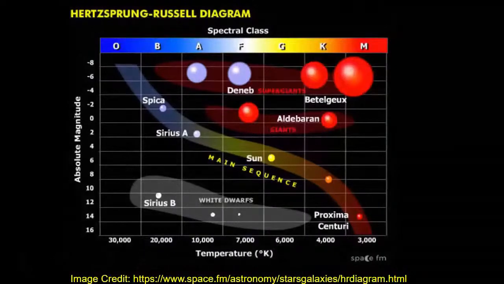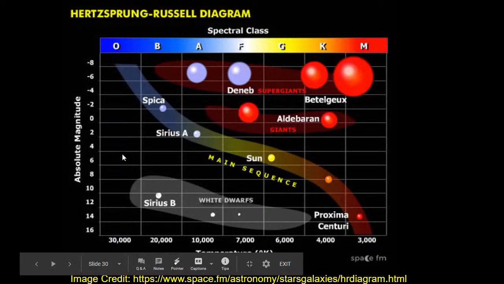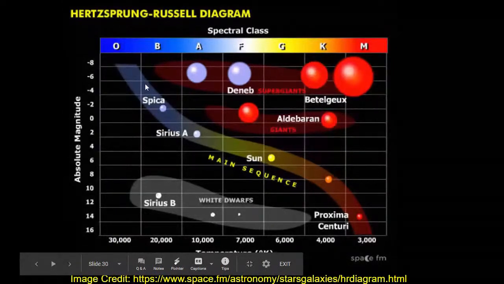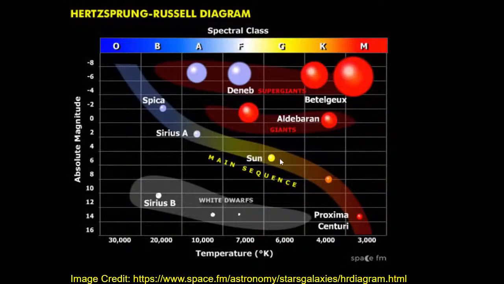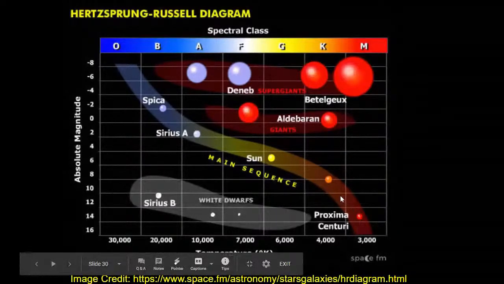And we see more luminous stars have higher temperature in the main sequence. All the stars that are in the main sequence, the more luminous stars tend to have higher temperature.